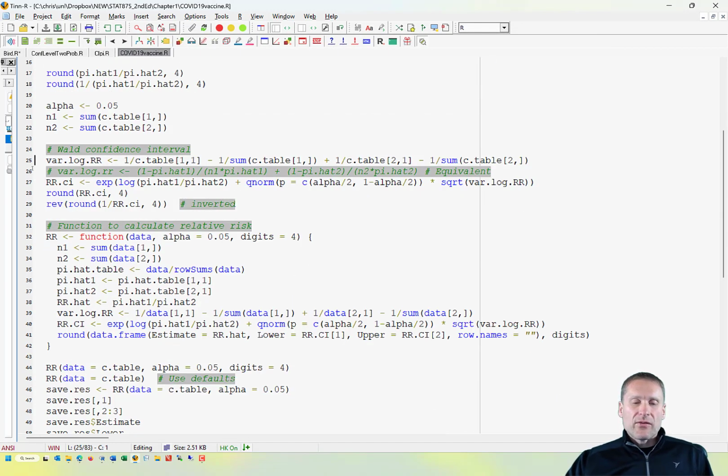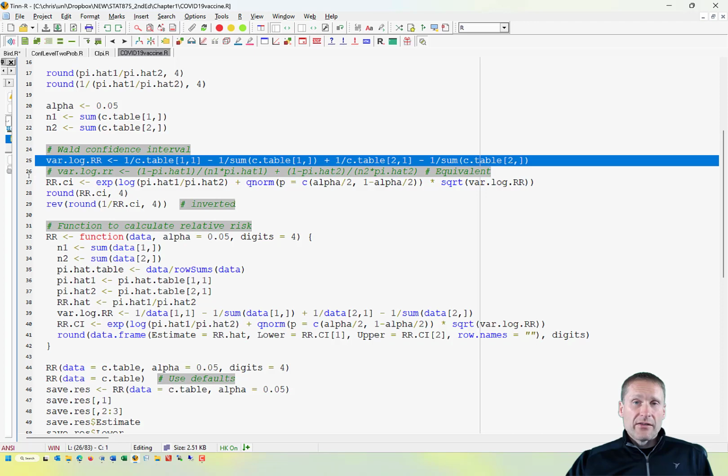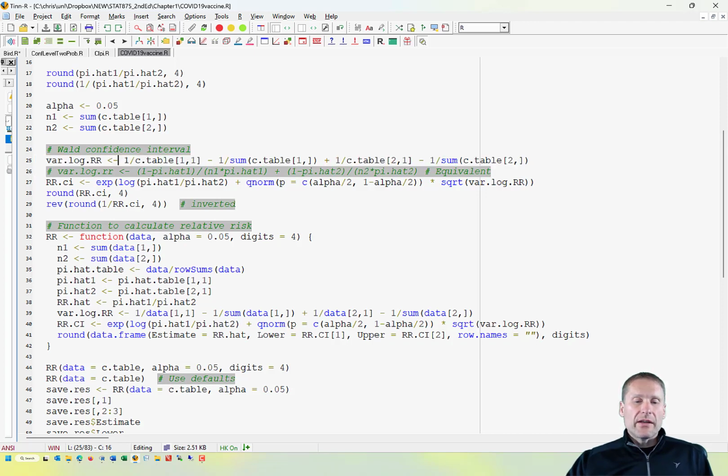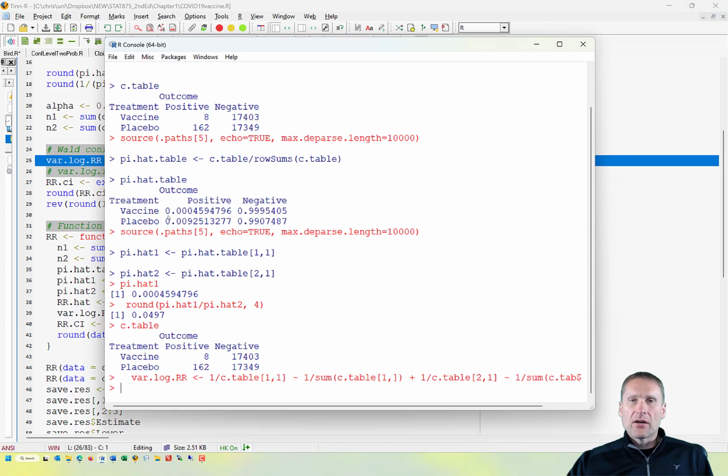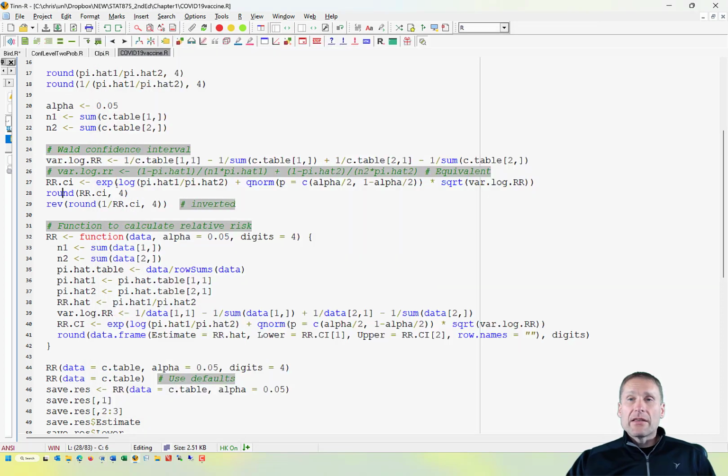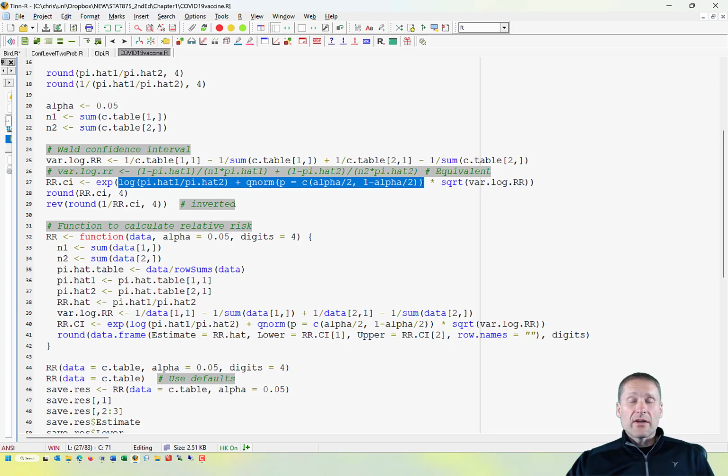So to find, first of all, my estimated variance of the log of RR hat, what I can do is I find 1 over W1 minus 1 over N1 plus 1 over W2 minus 1 over N2. I put that into my object called var.log.rr. Then to find my confidence interval, I take the log of the estimated relative risk plus my quantile from the standard normal.